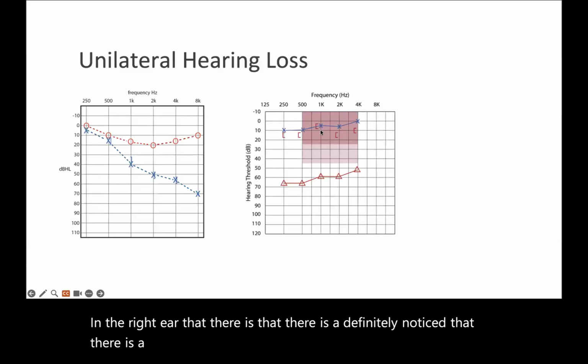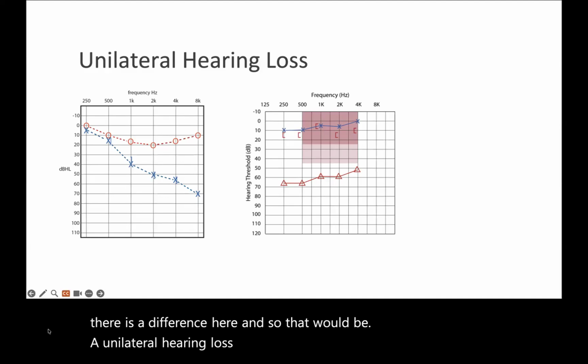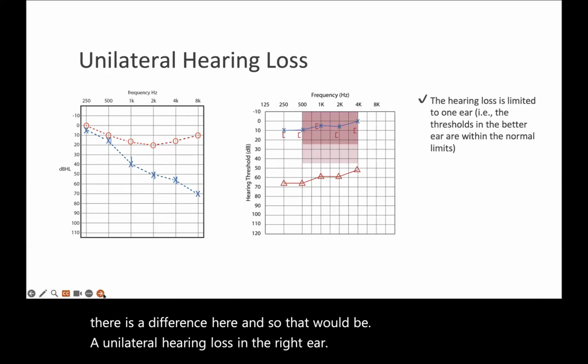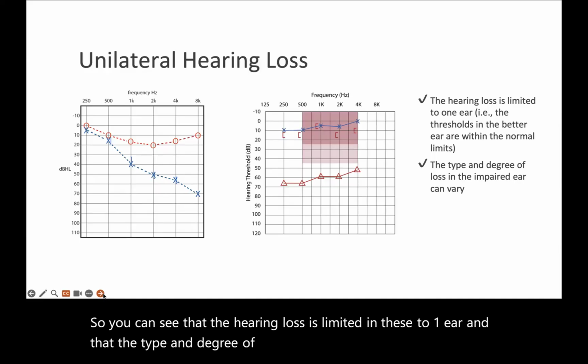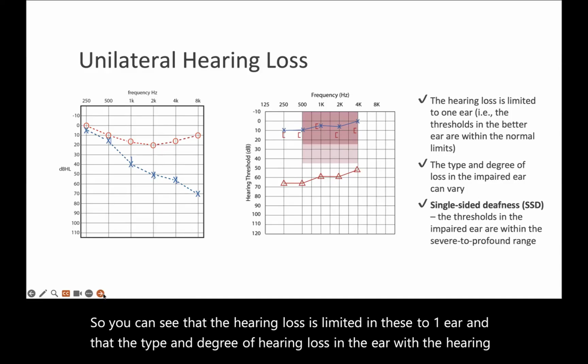And so that would be a unilateral hearing loss in the right ear. You can see that the hearing loss is limited to one ear, and that the type and degree of hearing loss in the ear with the hearing loss can vary quite a bit.